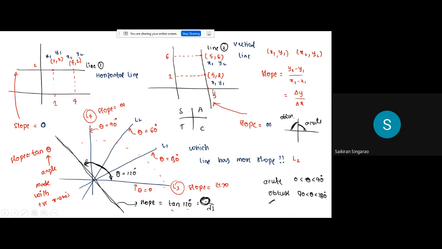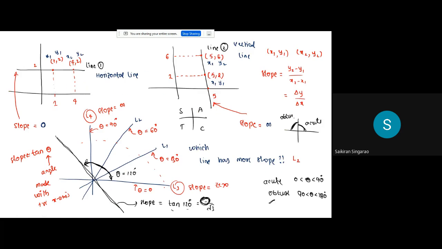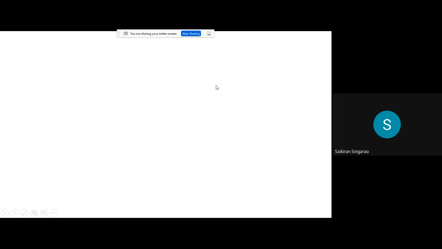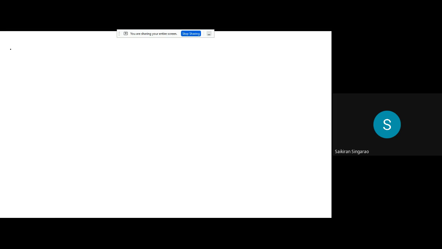Now let me formally define what is maxima and minima. There are actually two types of maxima minima. Let me write it like this: maxima and minima.